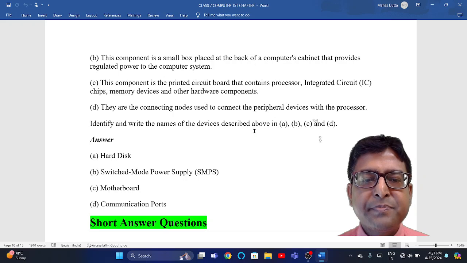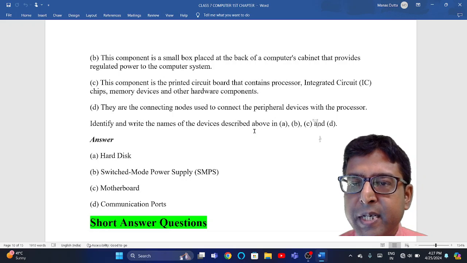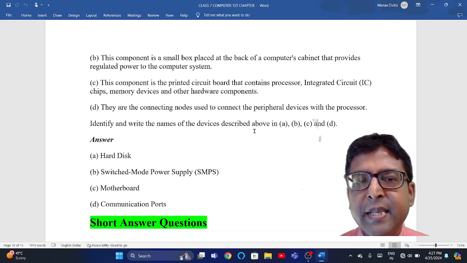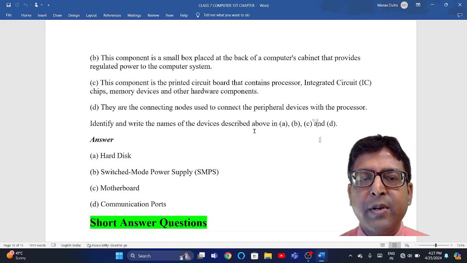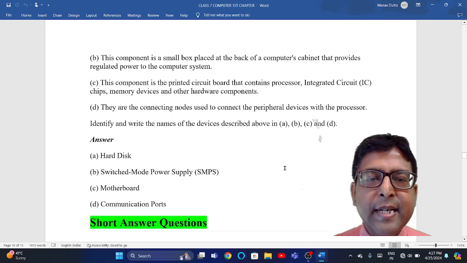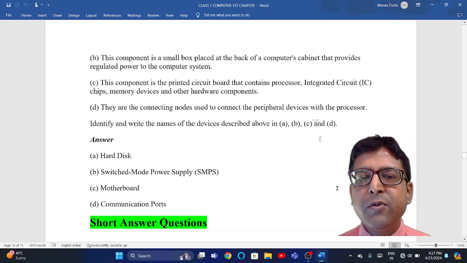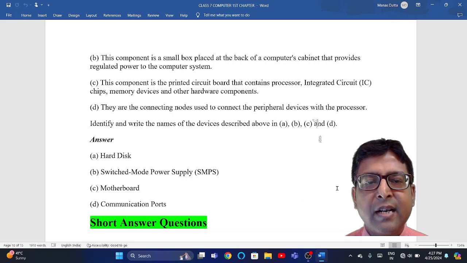C: This component is a printed circuit board that contains the processor, integrated circuits, that is IC chips, memory devices and other hardware components. D: They are the connecting nodes used to connect the peripheral devices with the processor.